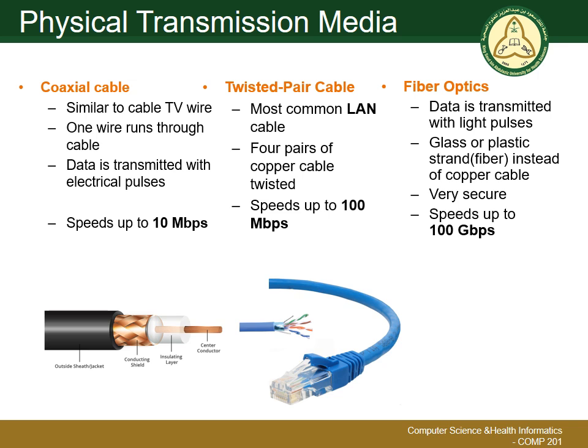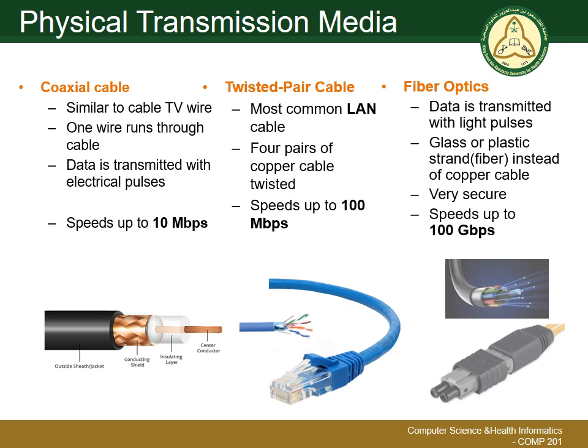So it's not metal. We're using glass, and we're sending light through this glass or plastic. It is very secure, with speed up to 100 gigabytes per second, and this is how it looks.